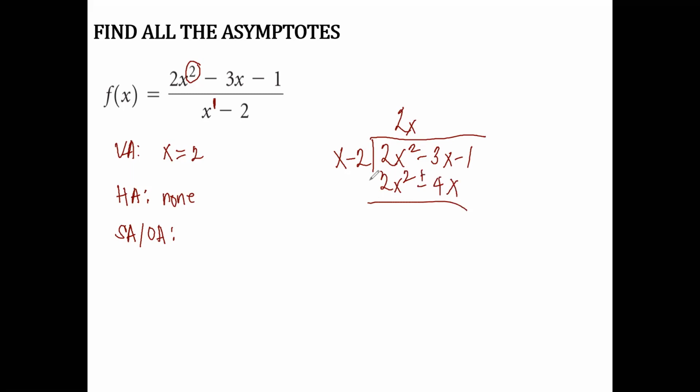Subtracting, we get x minus 1, so plus 1, and x minus 2 gives a remainder of 1. No need to take note of the remainder, just the form y equals mx plus b.